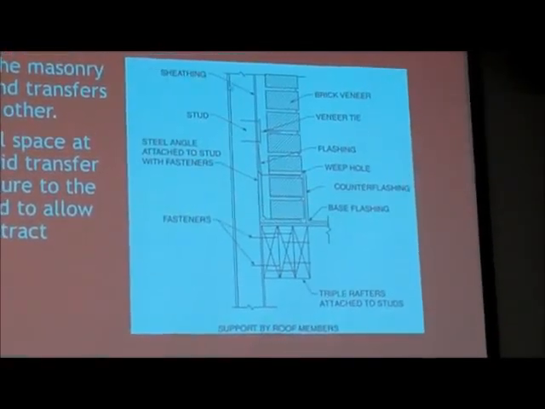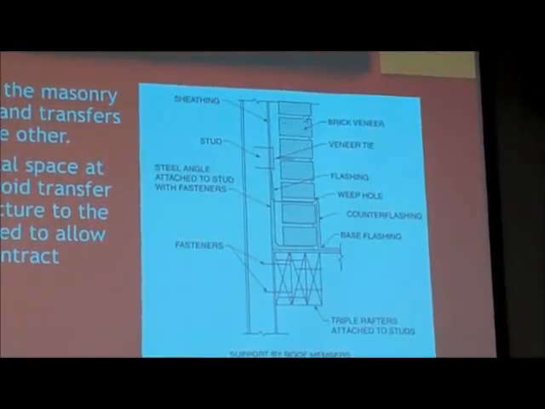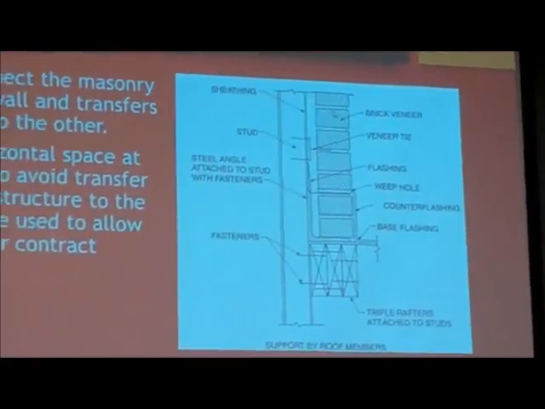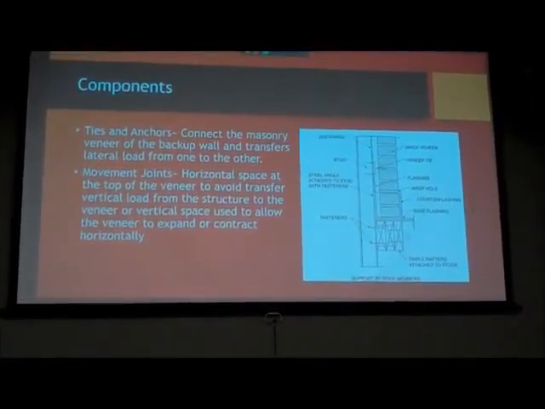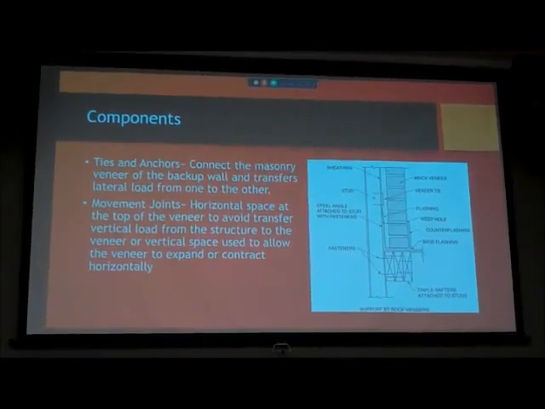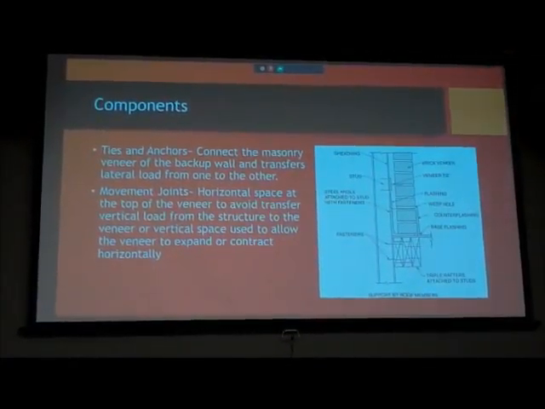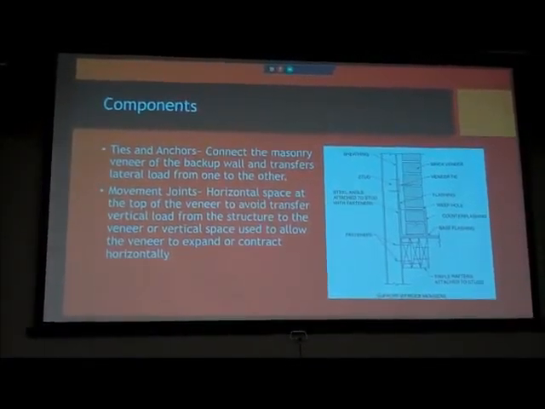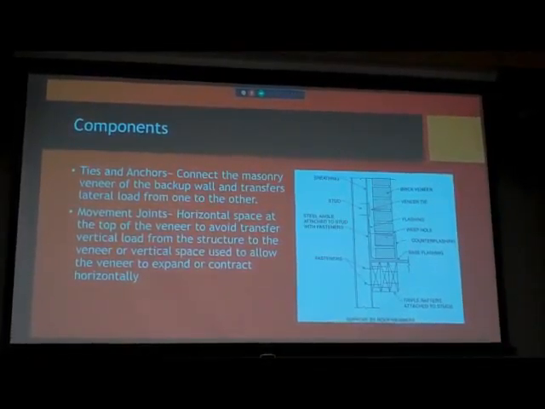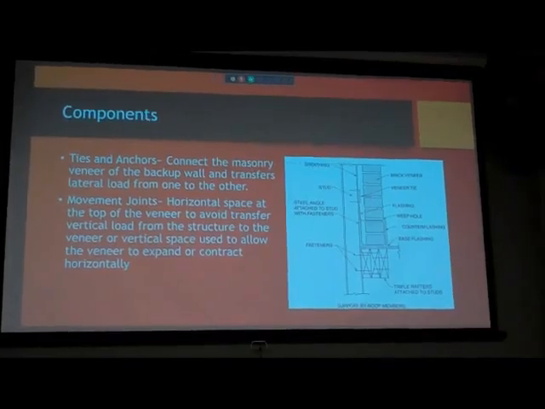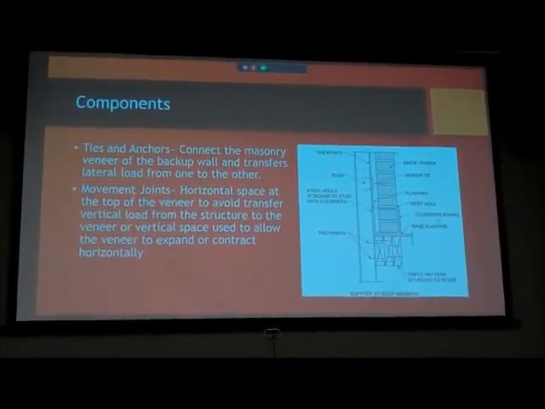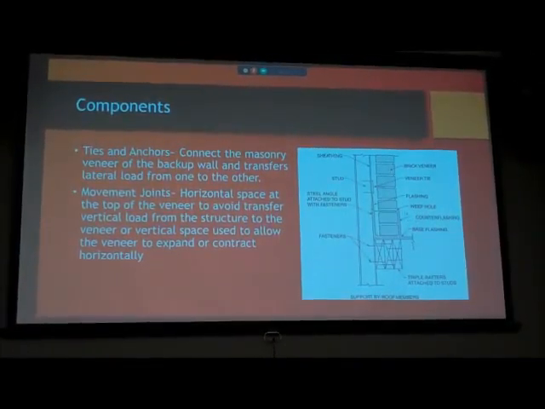Like if this was the roof, then it would be right here. And that transfers the vertical load, like gravity and your live loads. And then we also sometimes have vertical spaces to allow for the horizontal movement from the wind or the seismic forces.